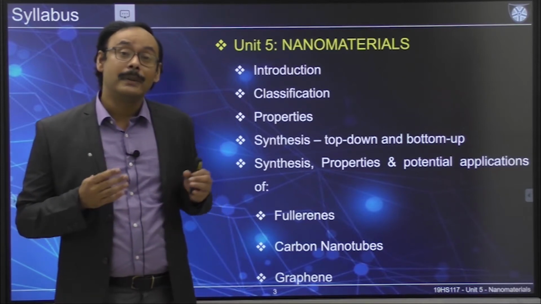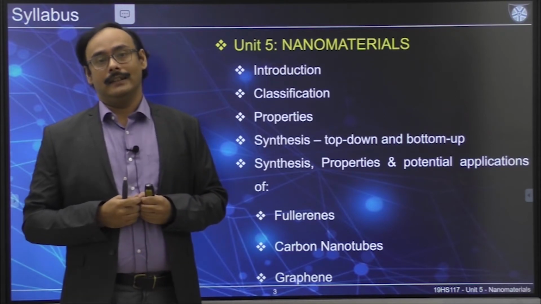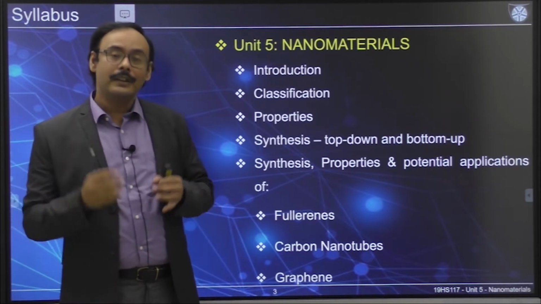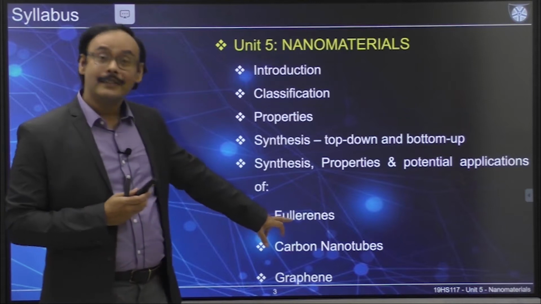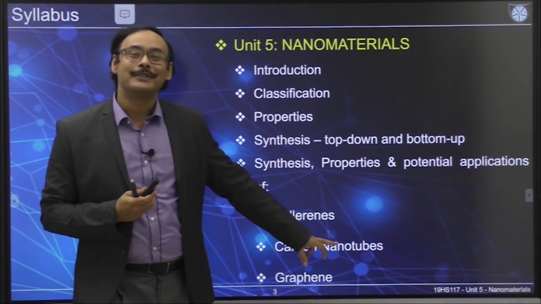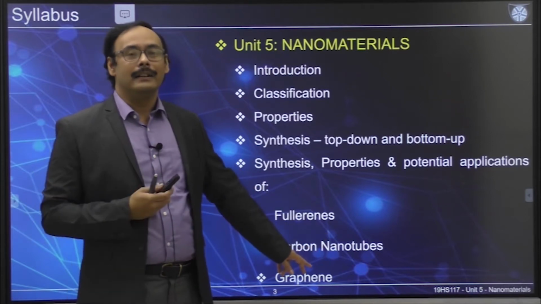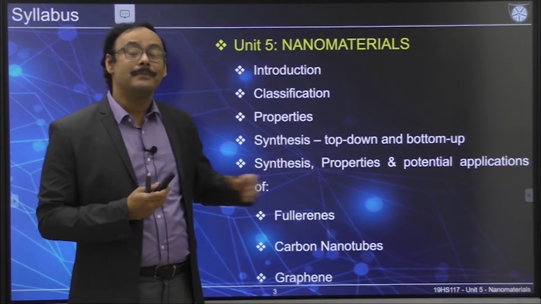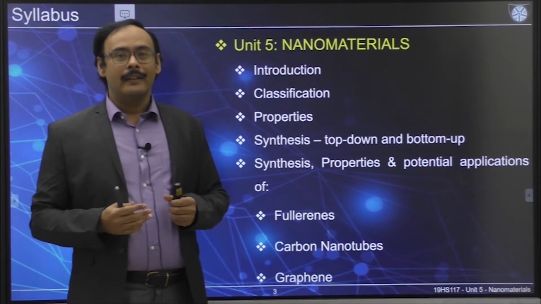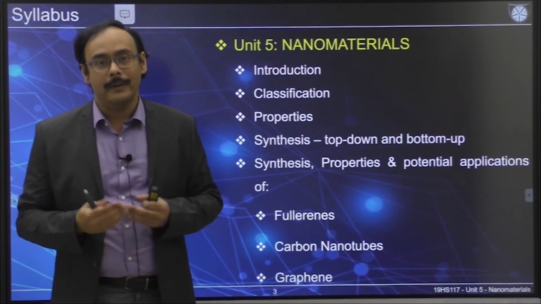That's why it becomes very important to learn about these three things. Just to give you some idea, fullerenes got a Nobel Prize, graphene got a Nobel Prize. Carbon nanotubes have not got a Nobel Prize yet, but hopefully in the future there is a possibility that they may get one.